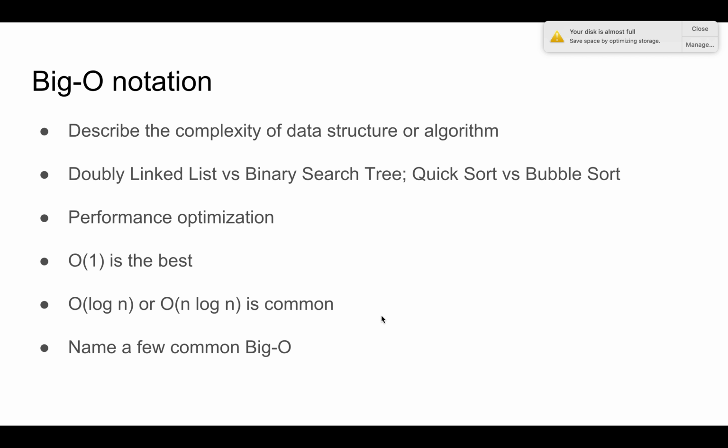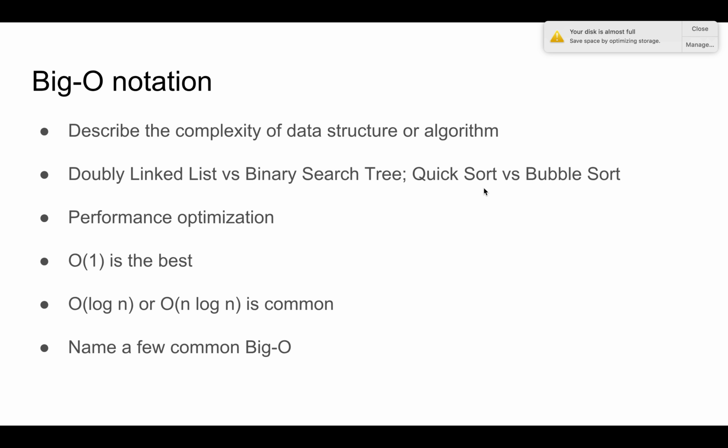So if you always have to insert something at the end or at the beginning, using any data structure where inserting at the end or at the beginning costs you O(1), then you don't have to worry about the data size getting bigger. So O(1) is the best, of course.